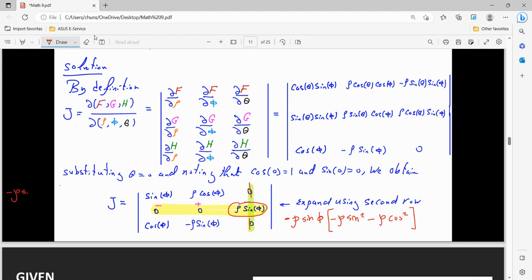So this is sine phi, and take the negative rho out, sine squared phi plus cos squared phi. And this just means this is negative rho squared sine phi. Positive, actually. Right, and this would be our answer.